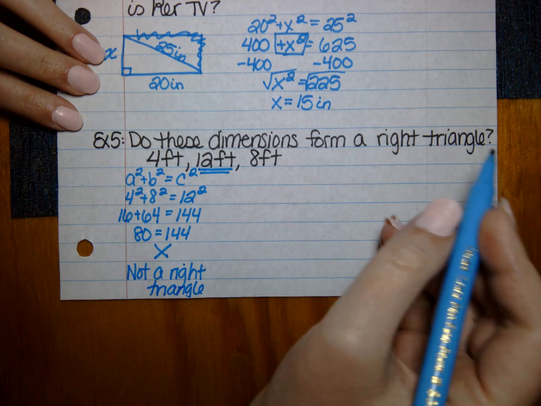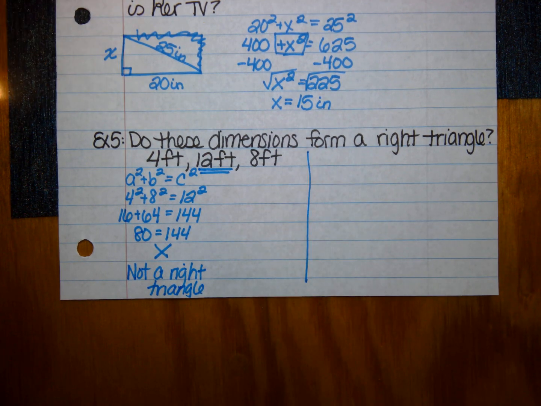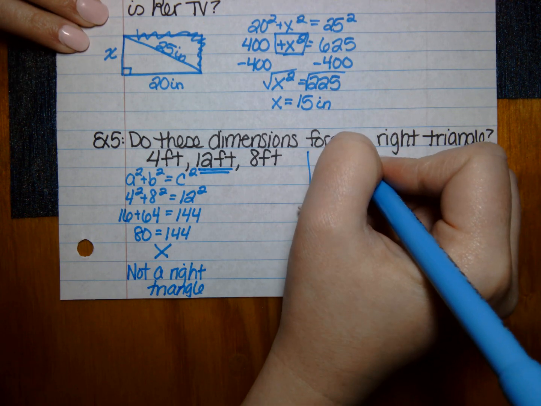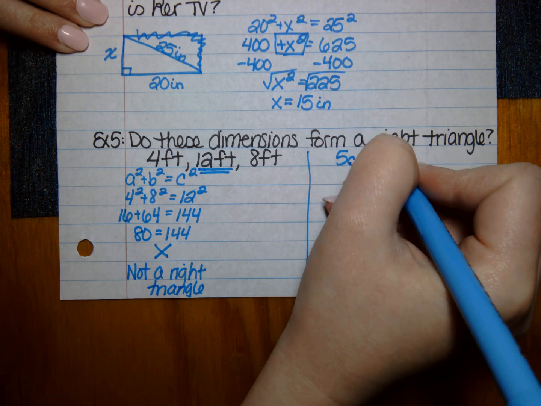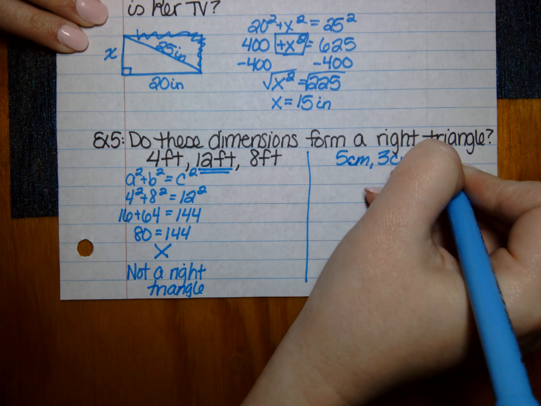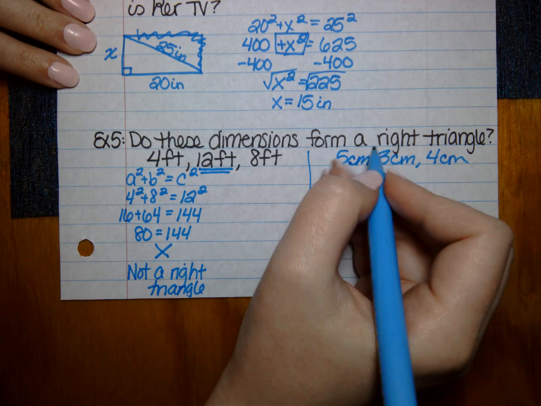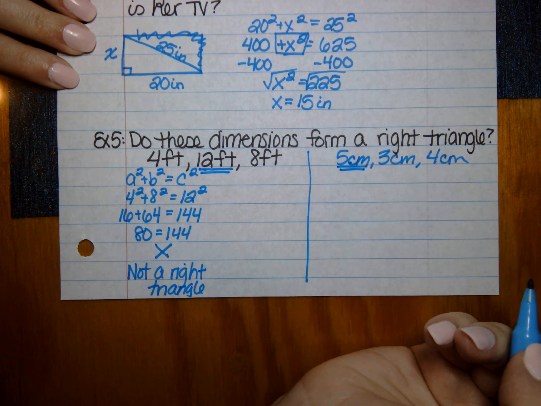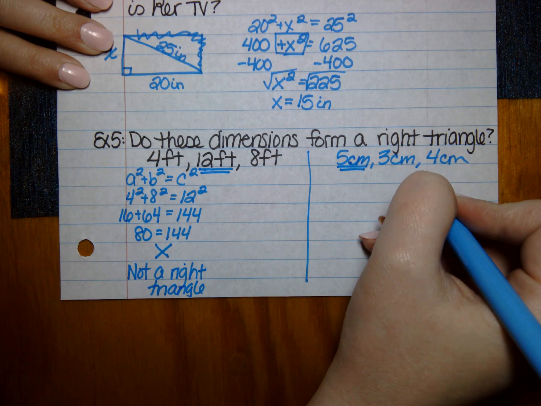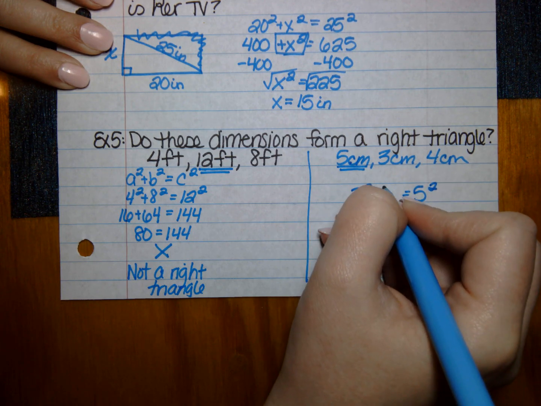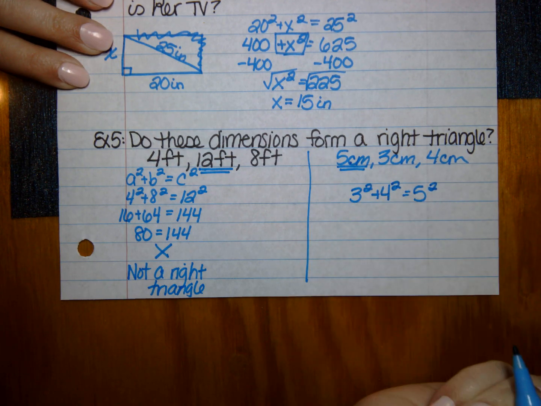Now I'm going to do an extra example to show you how it would look if you did have dimensions for a right triangle. So if I said I had 5 centimeters, 3 centimeters, and 4 centimeters, again, the first thing you need to do is figure out which one's your hypotenuse. Your hypotenuse is always the longest, so that's my C. So I'm going to have 3 squared plus 4 squared is going to equal that 5 squared.